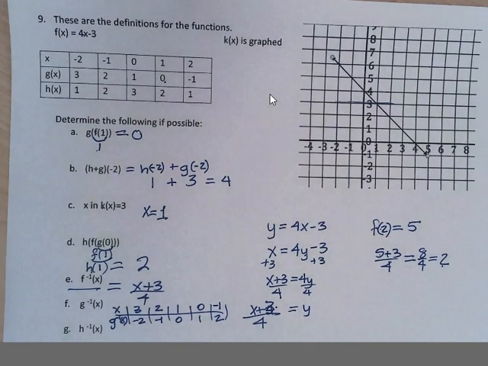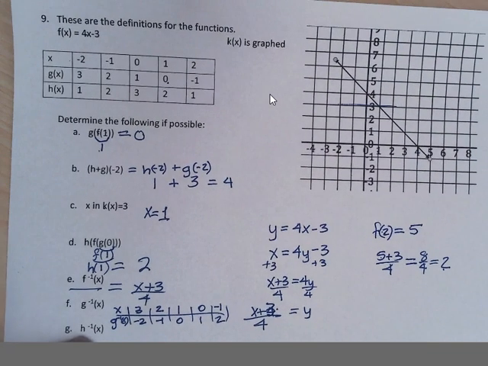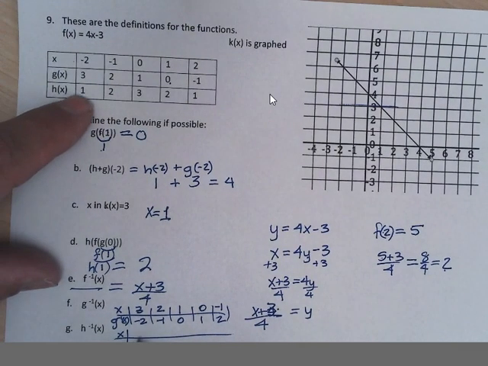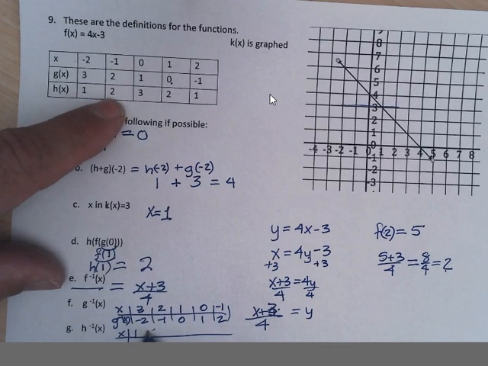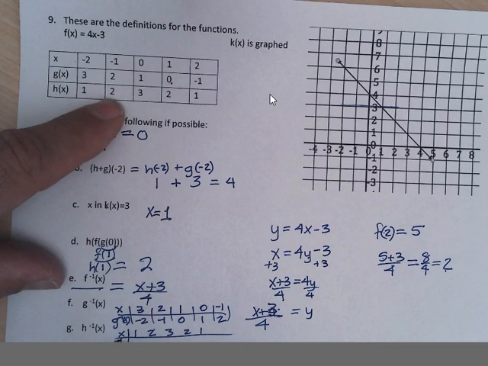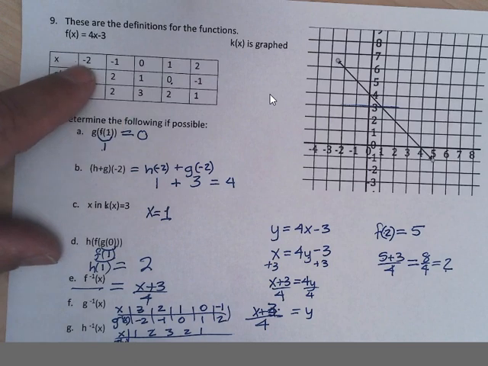They took us back. H inverse would be the same thing. So the x's would be what we got out, 1, 2, 3, 2, 1, and h inverse of x goes back to the original x's, minus 2, minus 1, 0, 1, 2.